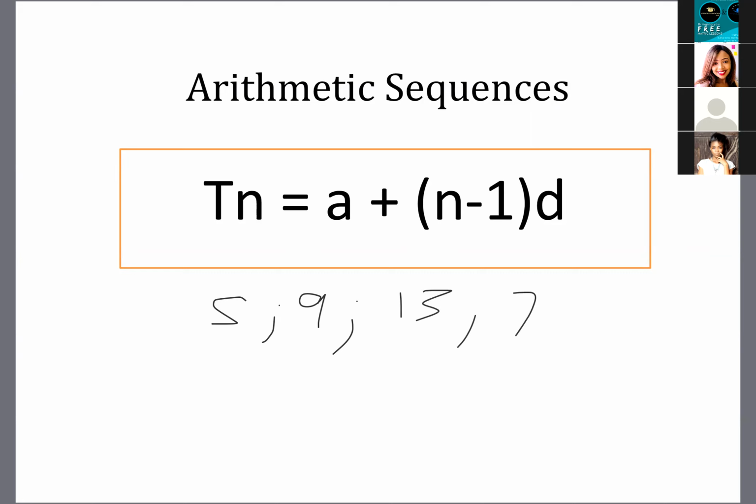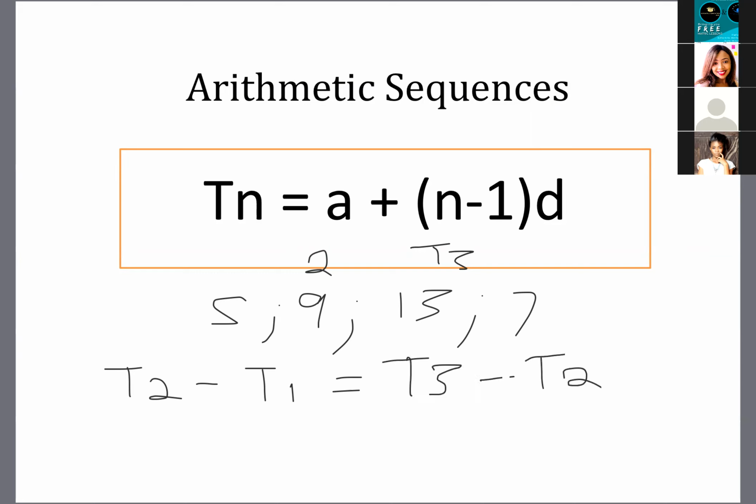Your arithmetic sequence is when you take your T2, which is the second term here, minus T1, and you get the same answer as when you take T3 minus T2, for example. So here it's going to be 4 because it's 9 minus 5, which is 4. And on the other side, it's going to be the same thing because I'm going to have 13 minus 9, which is 4.